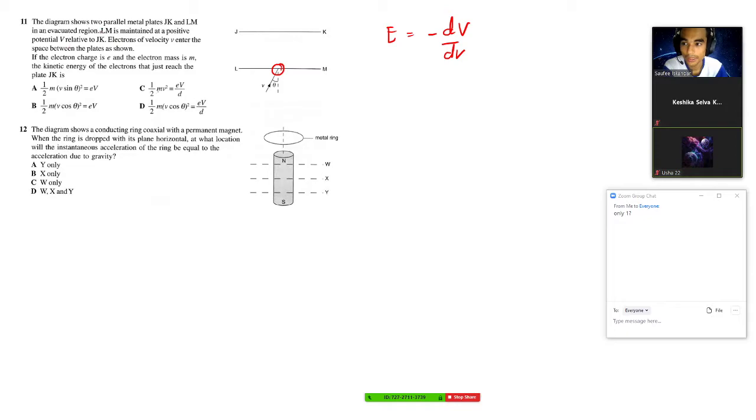It says LM is positive, so LM is positive V. It means that at this point E is negative.